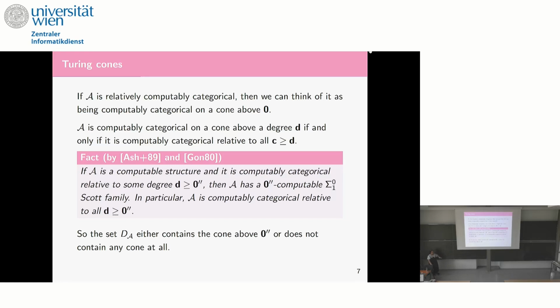So if it has to contain a cone, it has to at least contain the cone above zero double prime. There's a big gap here. For all computable structures, it stabilizes on this cone above zero double prime. Well, what happens before zero double prime? That's one of the main topics I want to go over today.